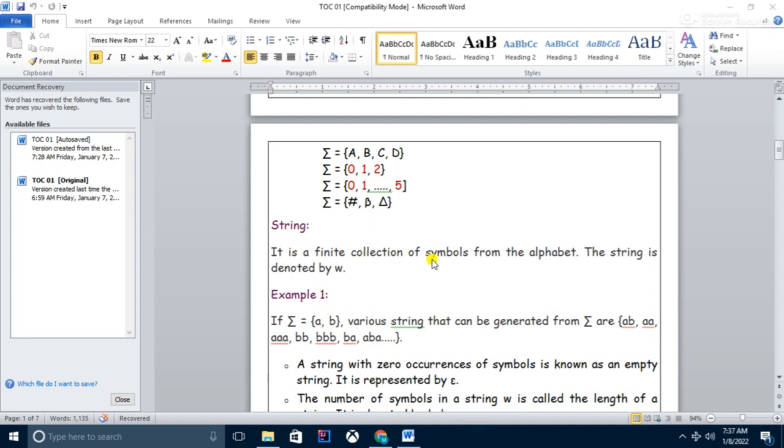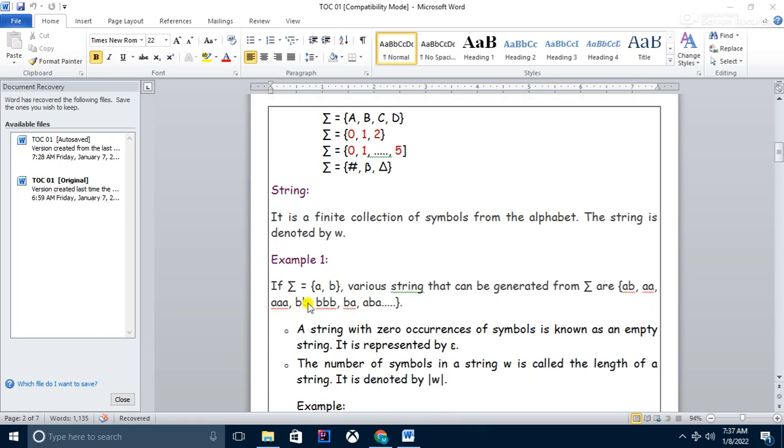A string is a finite collection of symbols from the alphabet, and it is denoted by small w. It may be a combination of the alphabet like A, B, and all the possible combinations. If there are zero occurrences of characters in a particular string, it is called a null string, and it is denoted by epsilon.